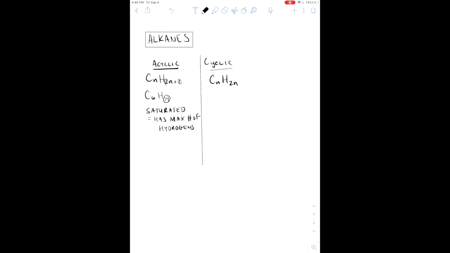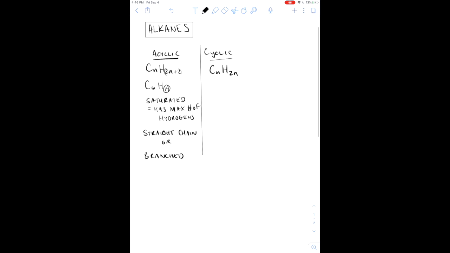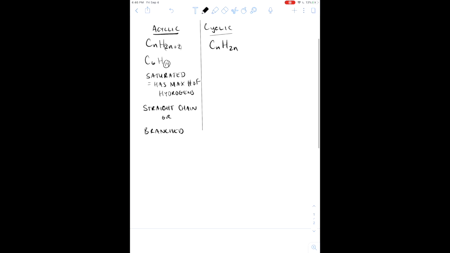Another thing about acyclic alkanes is that they are typically going to be either straight chain or something called branched. Now we'll identify what that is. Straight chain means exactly what you think it would be.